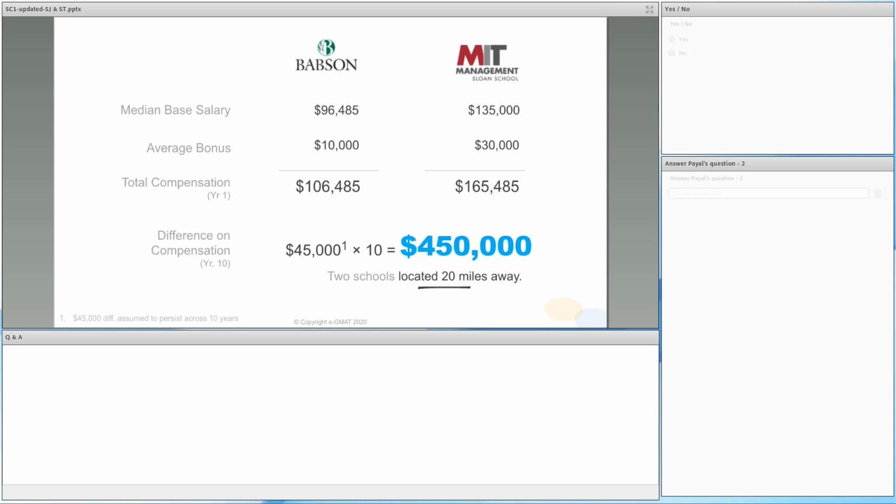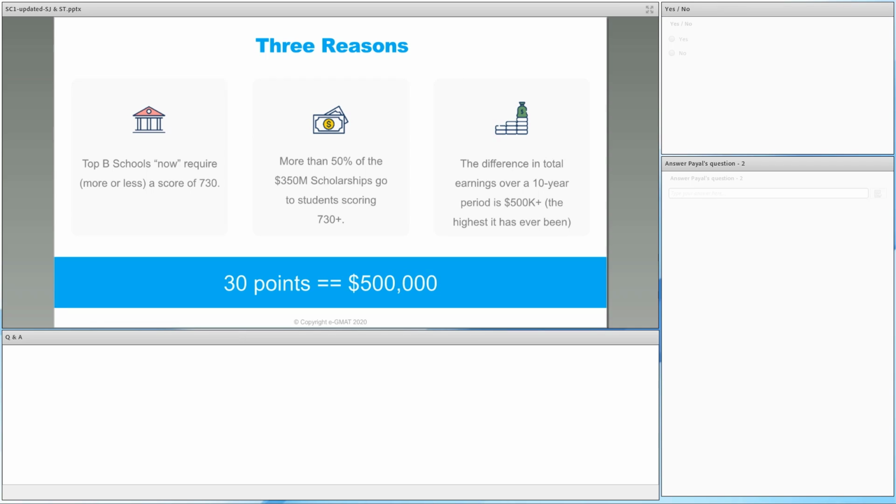So this is the importance of a very high GMAT score. Again, I almost guess that almost all of you would be looking for this $500,000, or you don't want to lose out on this amount, right? So the three reasons, and this 30-point difference, which is the difference between a 700 on the GMAT and a 730 on the GMAT, would be somewhere close to $500,000 over a 10-year period.